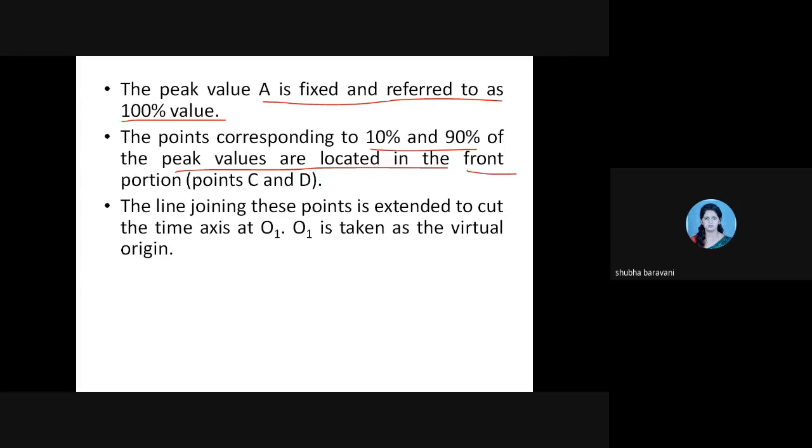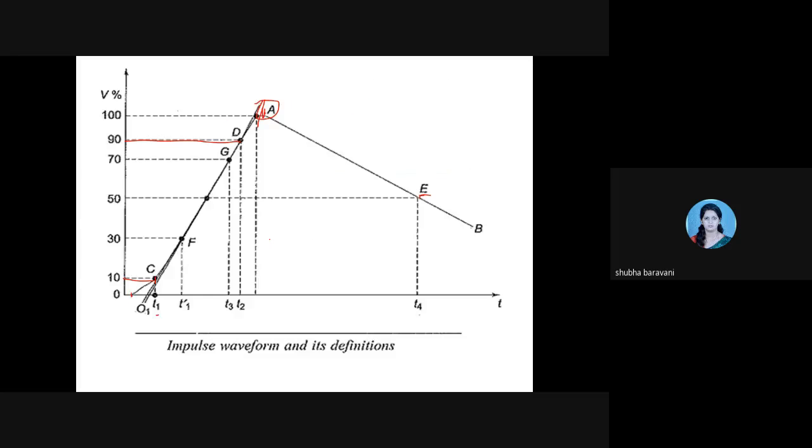Now the line joining these points is extended to cut the time axis at O1. It means you first have to mark a point C which is 10% of the peak value, and a point D which is 90% of the peak value.